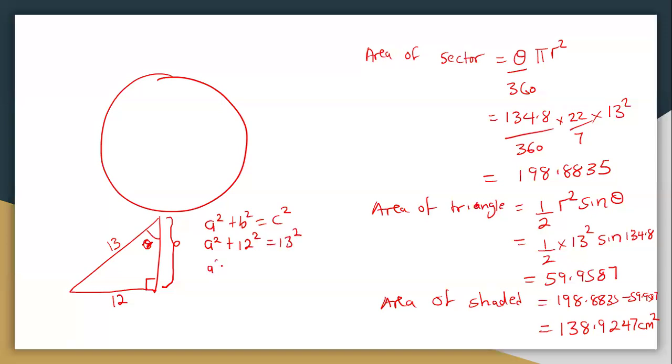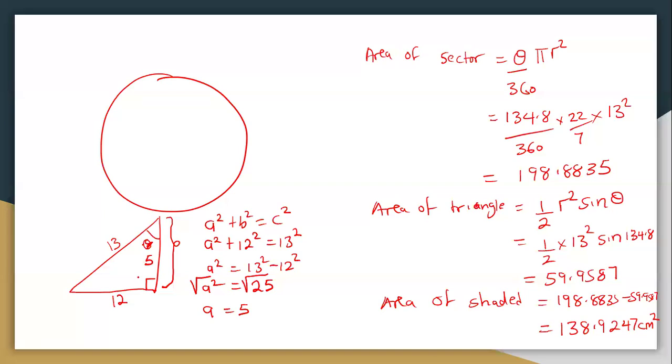So this will give us a squared is equal to 13 squared minus 12 squared. That will be, I think, 25. Let me just confirm 13 squared minus 12 squared. Is it 25? Yes. Then you get the square root on both sides and your a is 5. Is that fine? Yes, it is. So your height here is 5.